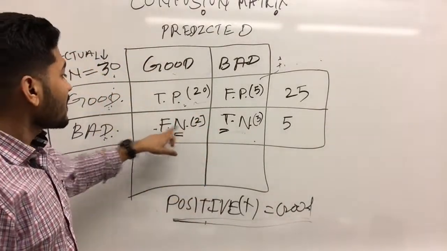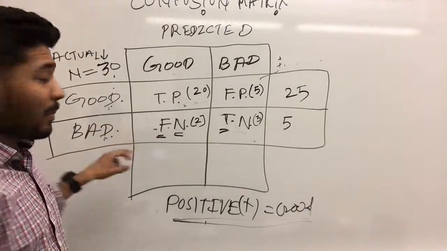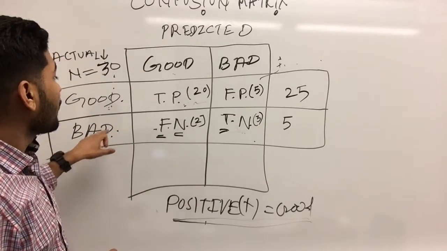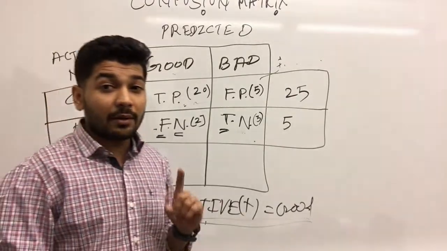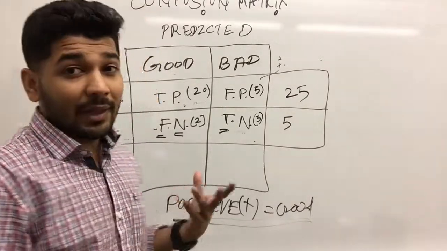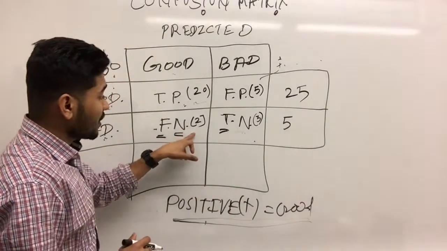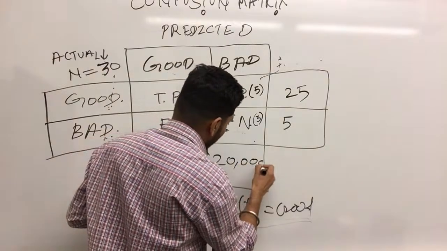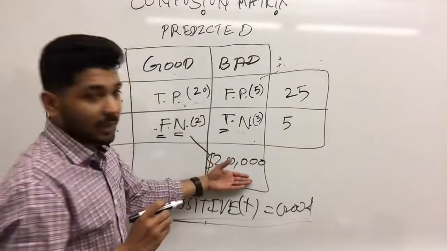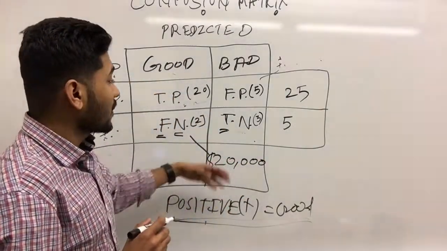So one such classification of a bad customer as a good customer can lose you $10,000. So 2 such customers will cost you $20,000, because they are not going to pay back anything. So here you are losing $20,000.